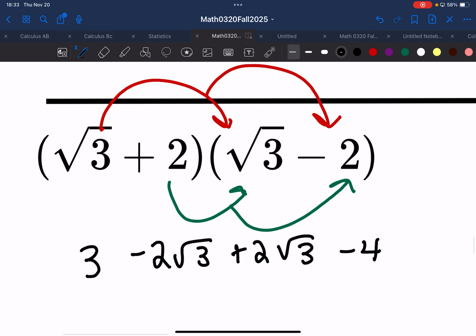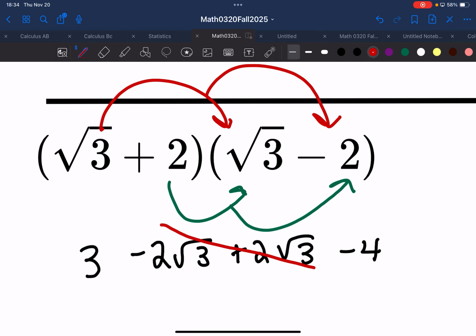So if we were to try to combine the two middle terms, what would happen? Would it cancel out the coefficient but keep the radical? No, it would cancel everything, because think of the radical like an object. If you have 2 of one object and someone takes those same 2 objects away, you have nothing left.